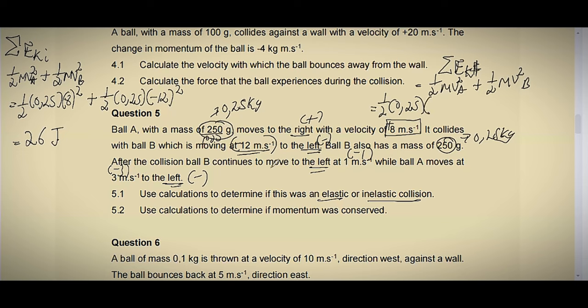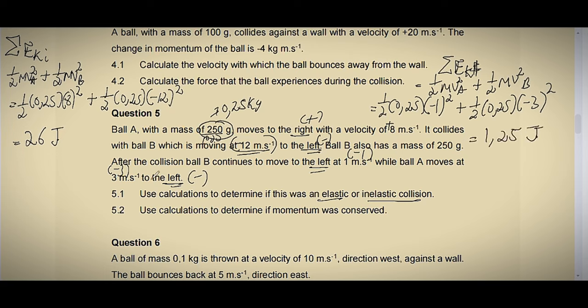Then vA finally, that's negative 1. So we have negative 1 squared. Then half 0.25, here we have negative 3 and then squared. Now, one thing you don't want to forget is this square here. Most of the time you can confuse it with the formula that we have for momentum. So always double check that you have included that square here, because then if we punch all that in our calculator, this gives us a value of 1.25 joules, right?